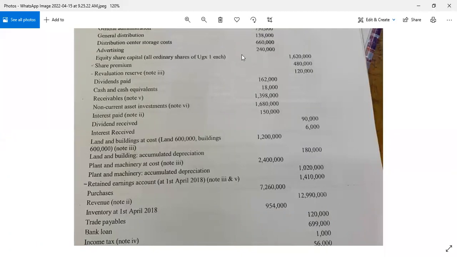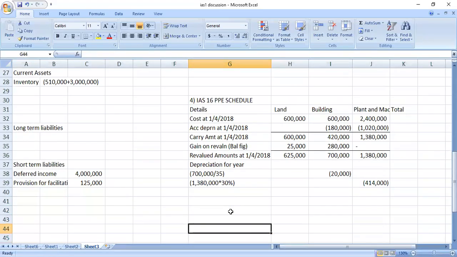So when we go to our workings, this is working 5. I'm saying it is IAS 12 income tax. We're saying you have an over provision, and we know the reasons.